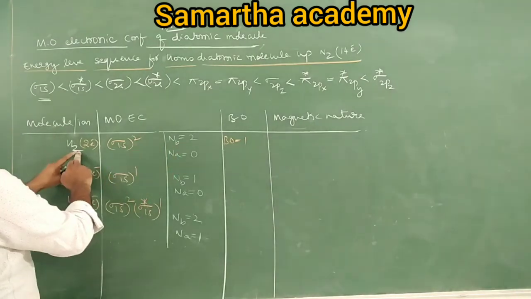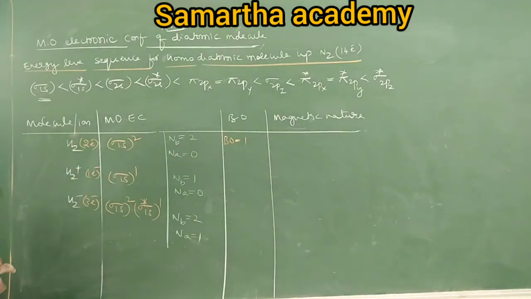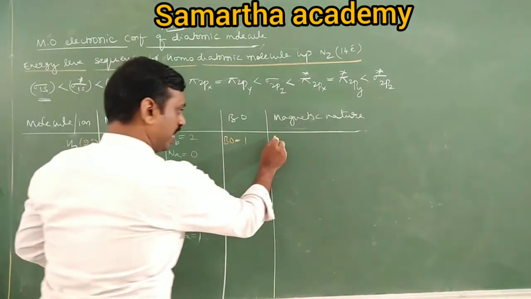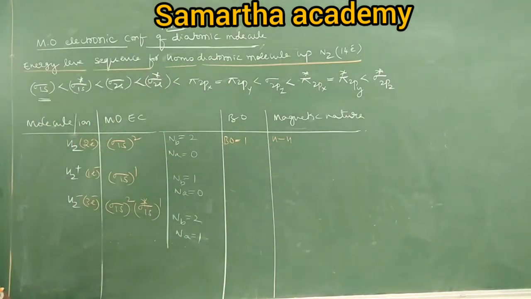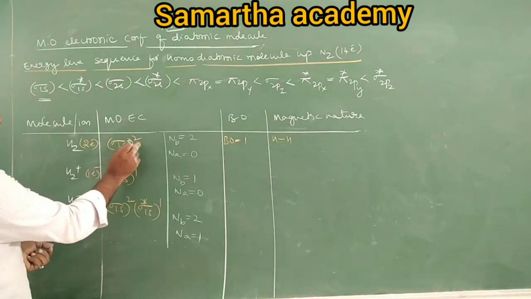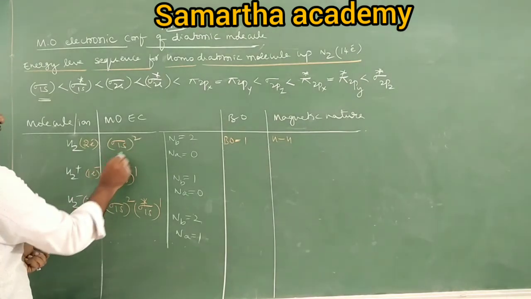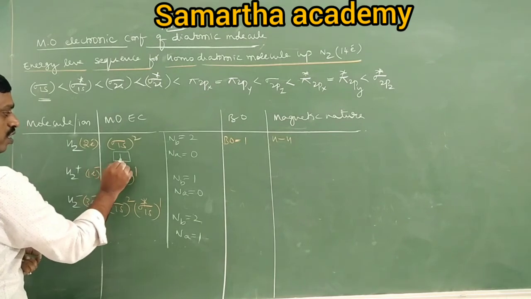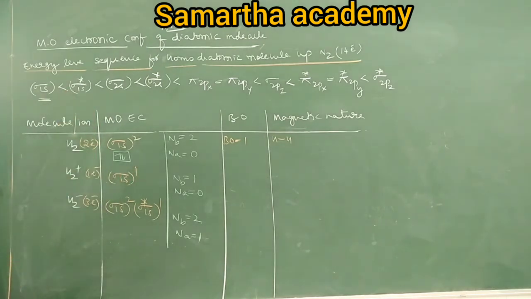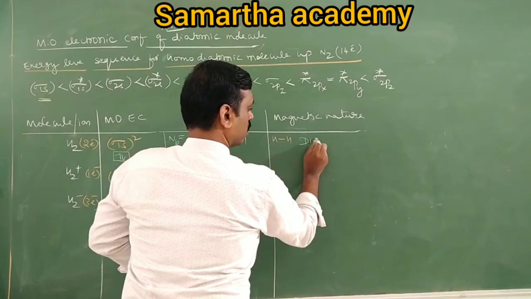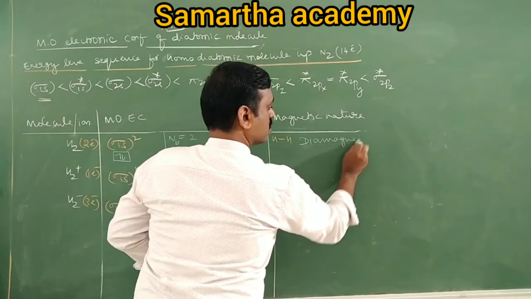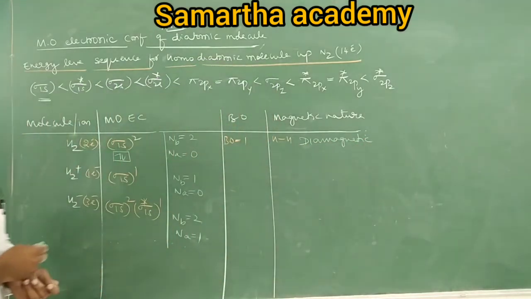Hydrogen has bond order 1. What is the meaning of this? It means hydrogen has 1 bond between H and H. Yes or no? Then next, there are 2 electrons here. Since these 2 electrons are present in 1 orbital, how are they? Paired. If 1 orbital has 2 electrons, it must be paired, no? Therefore, it is diamagnetic. H2 is diamagnetic.